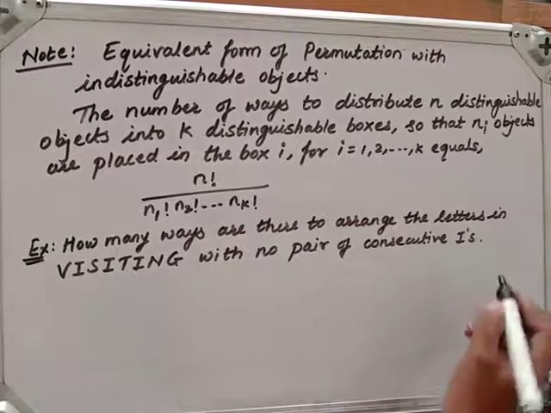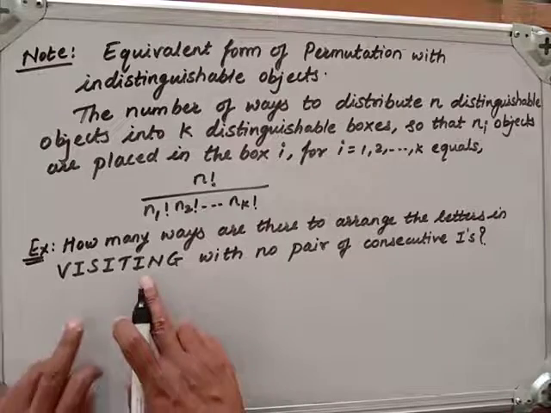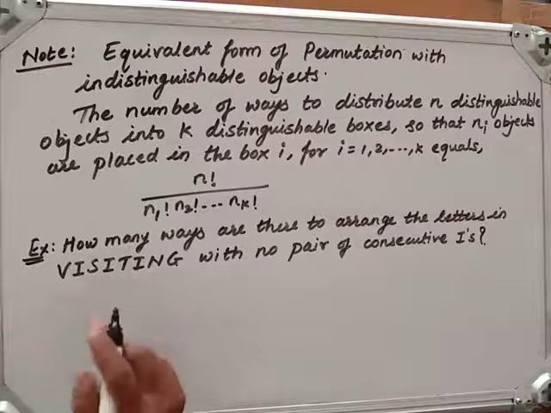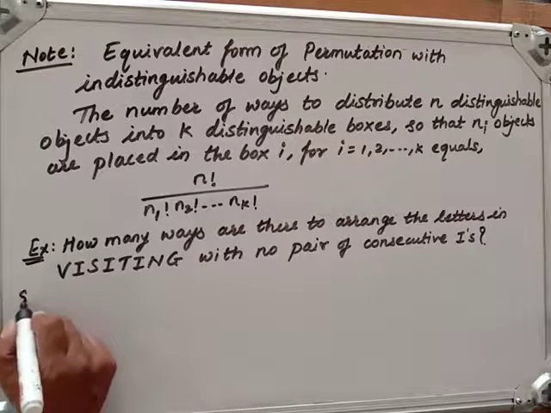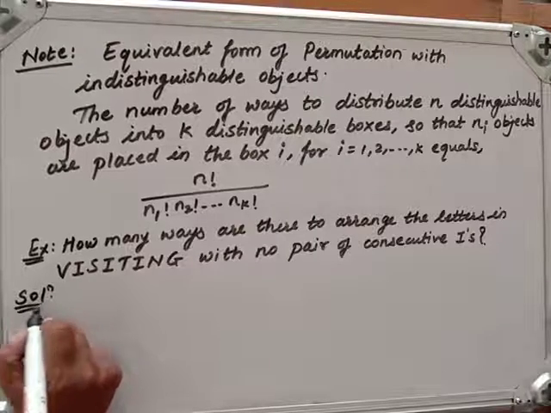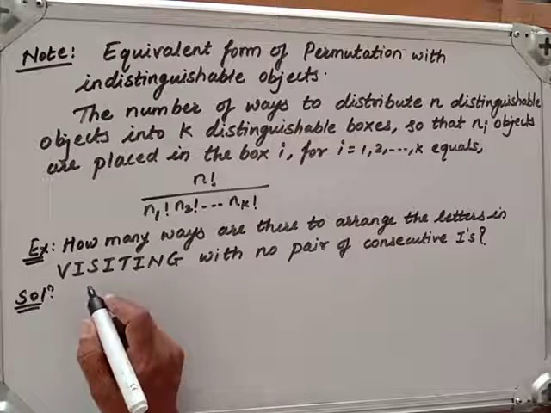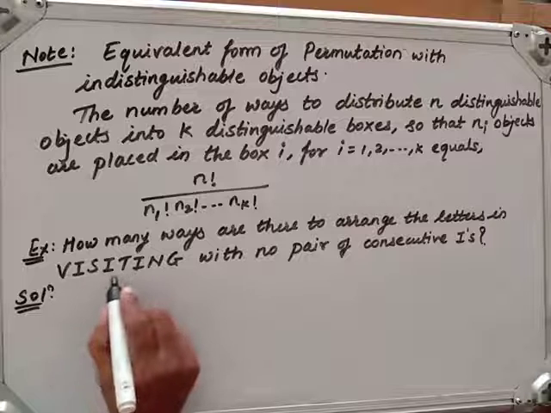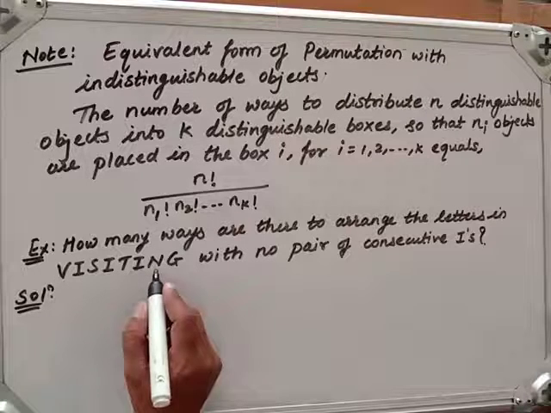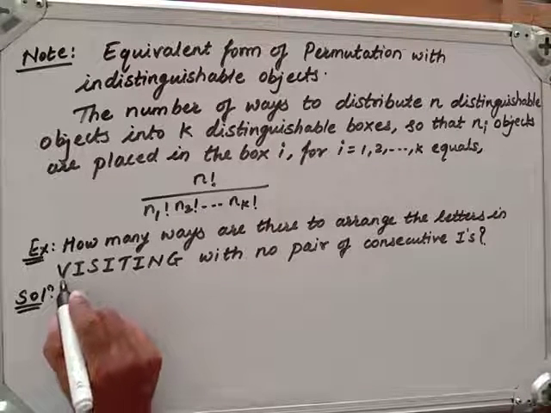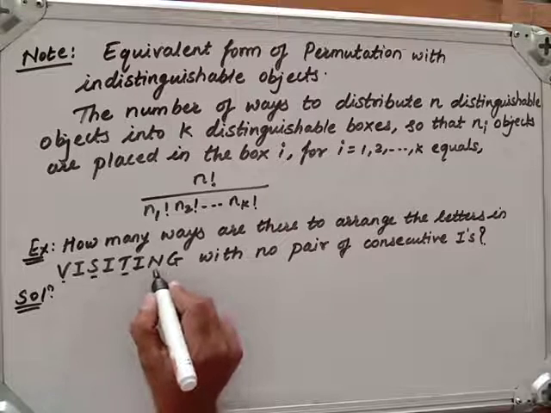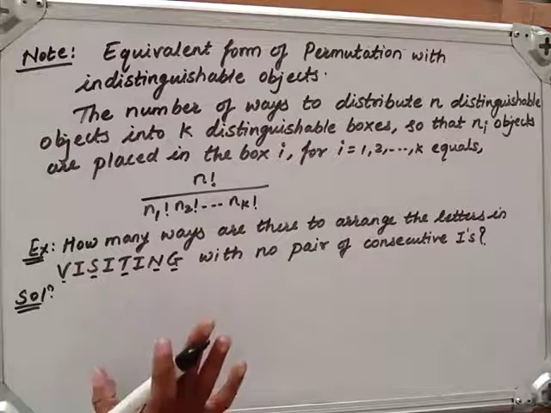With no pair of consecutive i's means i should not come together. Fine. So what is the solution here? Basically here i occurs thrice, but except i, how many letters? V, S, T, N and G. These 5 letters we have.